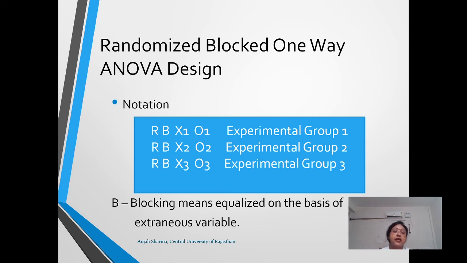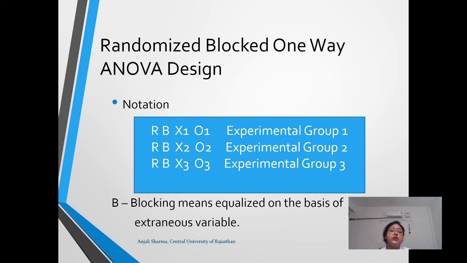Randomly we can assign that. But in blocking, every level can be included. Like we want to see the impact of the same intervention I have discussed: the cartoon channel, video games and other kinds of social media.